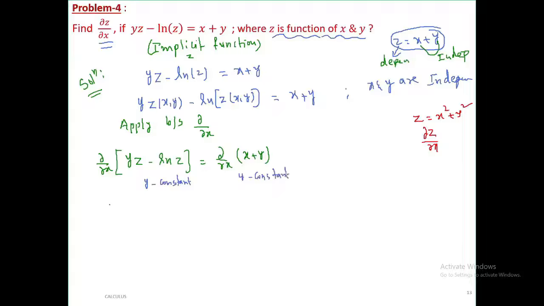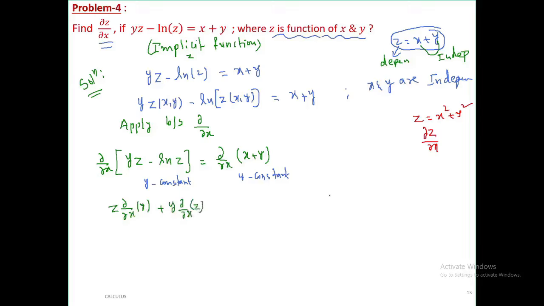Then what will you get here? Dou by dou x of this one, first one. So the UV method you have to apply. First with respect to y the derivative and z as it is. So z as it is, dou by dou x of y. I am applying the UV method, listen carefully, plus y as it is, dou by dou x of z.